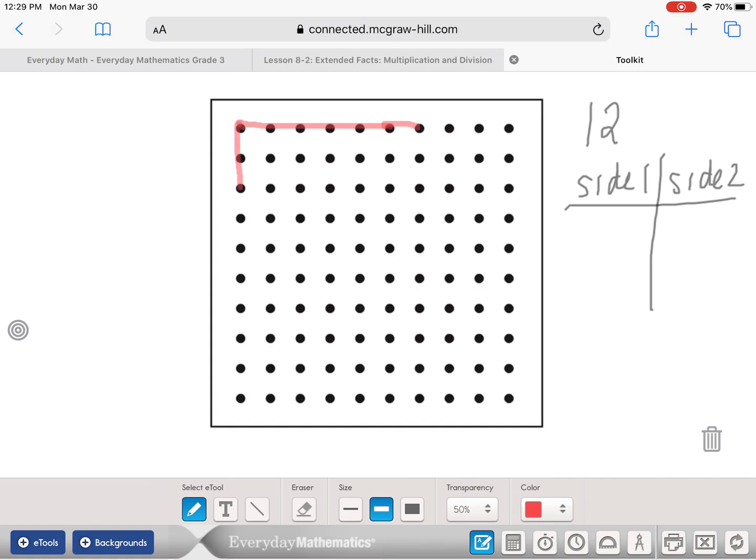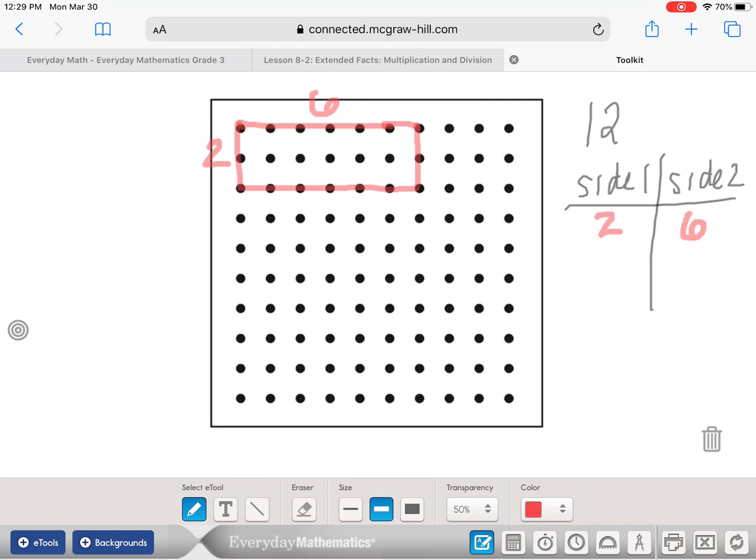And then I need to have two sets of those. So one rectangle that I could make looks like that, a 2 by 6 array. So side 1 is 2 units, and side 2 is 6 units. Go ahead and write that in your math journal as well.